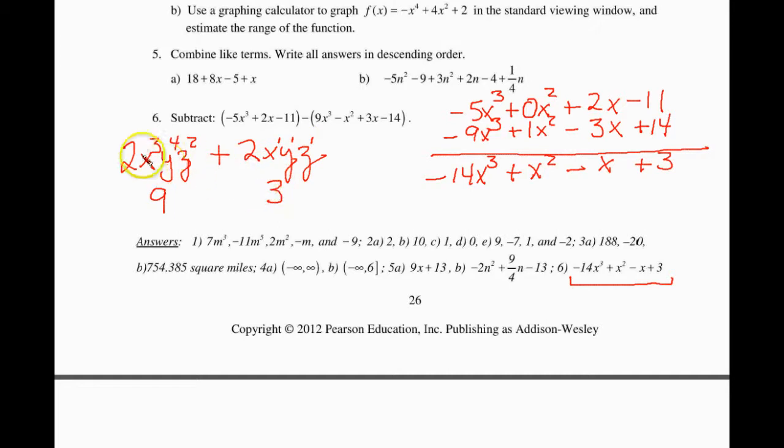Now the question is, if this were a polynomial, a binomial expression, what is the degree of this expression? And the answer is, it's the degree of the highest individual term in your expression. So the degree of this expression is 9, the highest degree of any individual term.